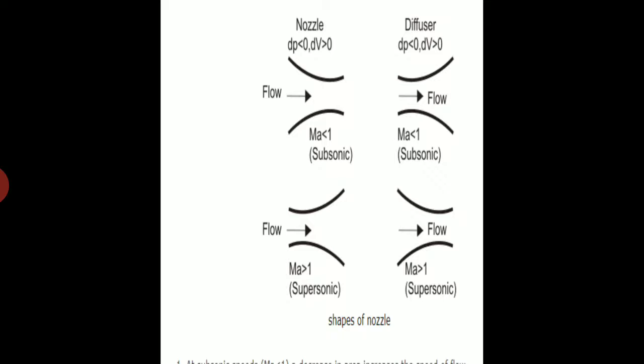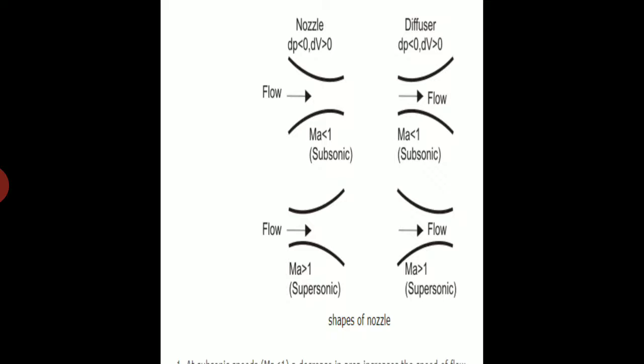As the flow takes place, that flow is nothing but subsonic flow. So that is called a convergent nozzle. In the bottom figure, it is called a divergent nozzle.